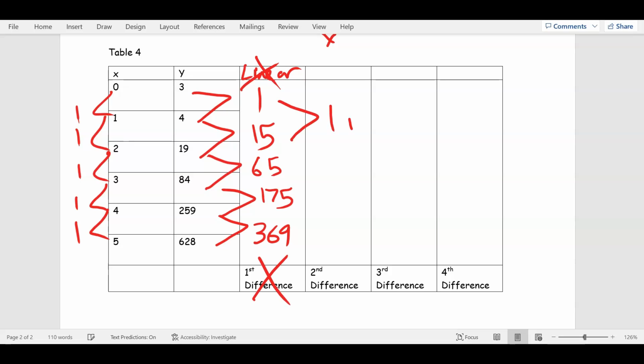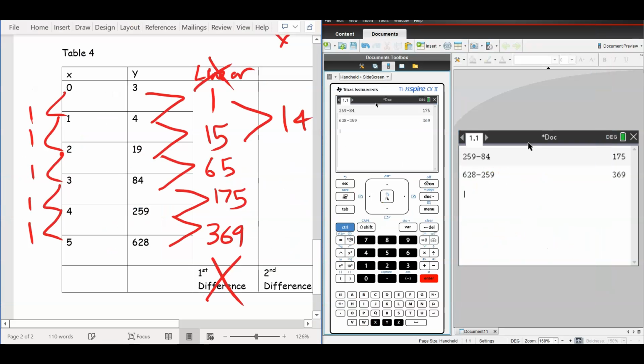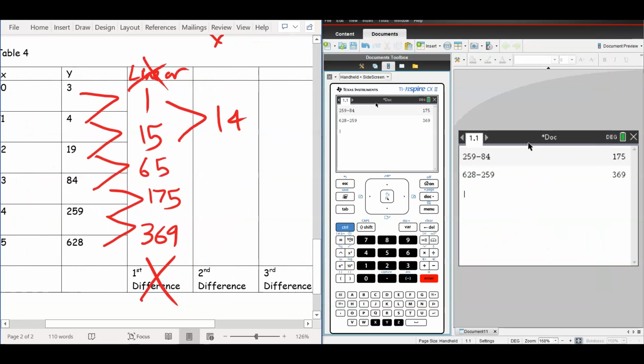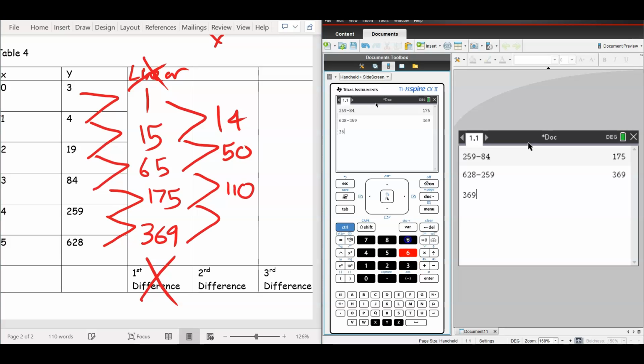15 minus 1 is 14. 65 minus 15 is 50. 175 minus 65 is 110. 369 minus 175 is 194. Is this quadratic? Is the second difference all the same?